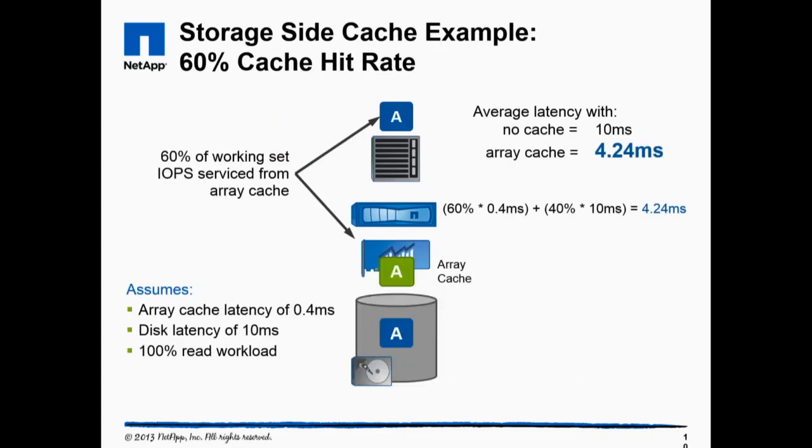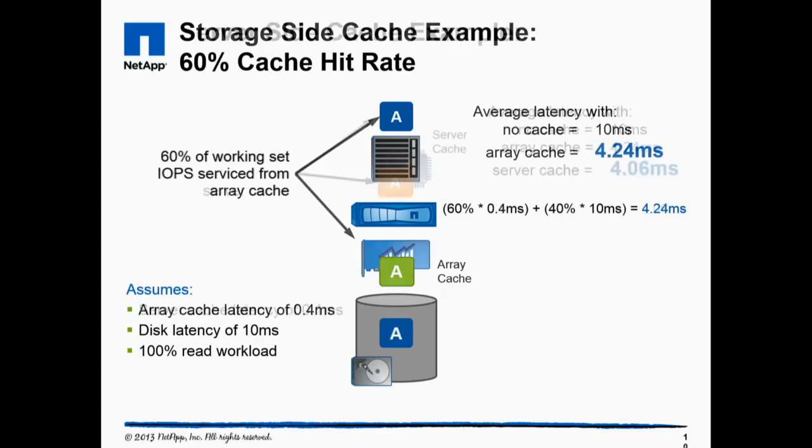And we can look at a couple examples of this to put this in a better context. So if I have a workload on a storage array that's capable of giving 10 milliseconds, and I put in enough cache to get 60% of my IOPS to come from the cache, then I would have a 4.24 millisecond average latency.